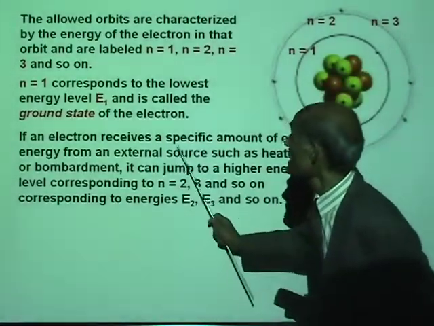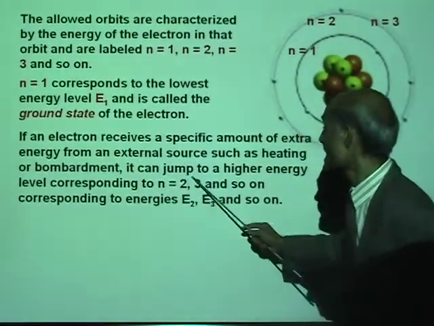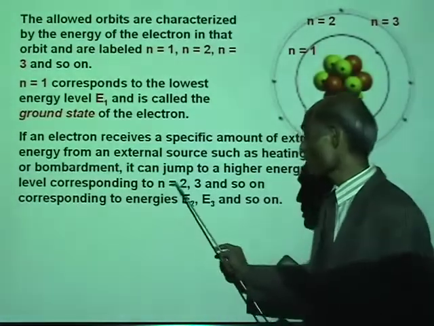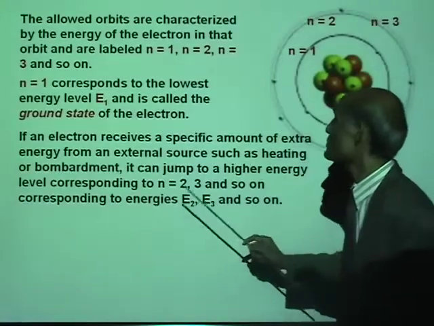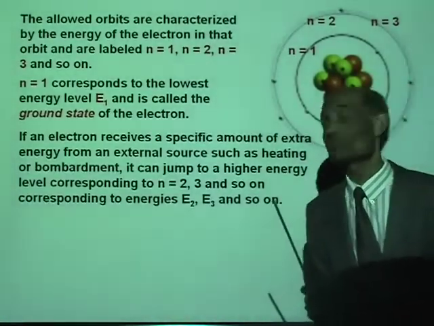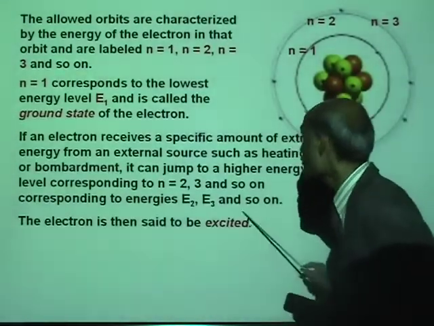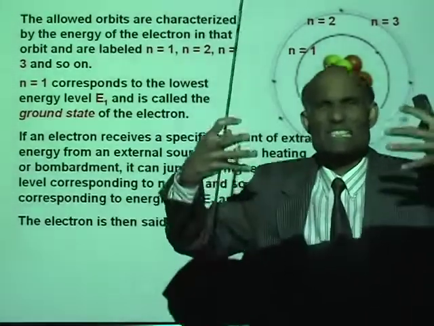So when external energy is supplied, an electron can jump to a higher energy level corresponding to n equal to 2, n equal to 3, and so on, corresponding to energies E2, E3, and so on. And the electron is then said to be excited. That electron is excited.